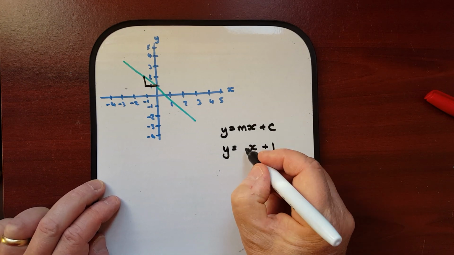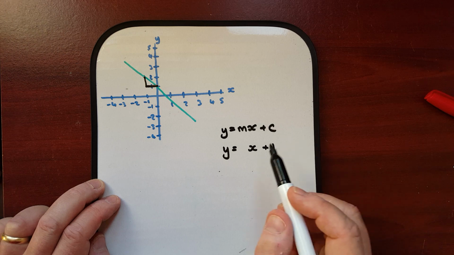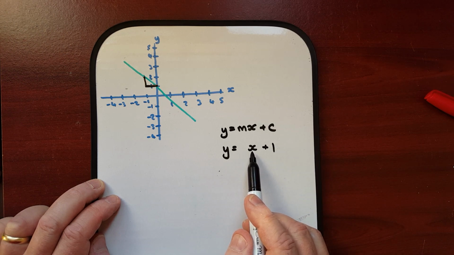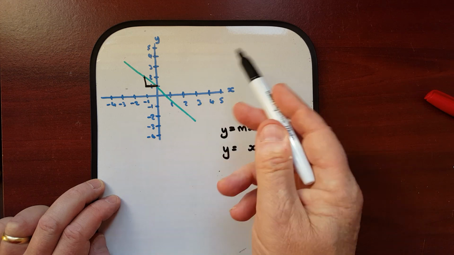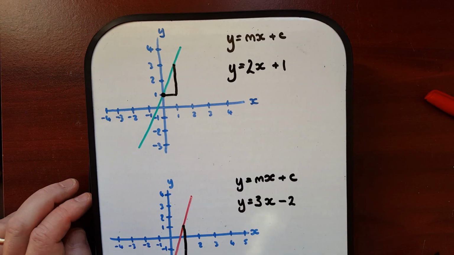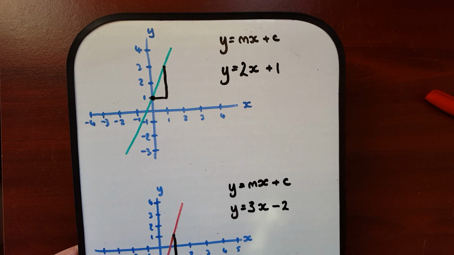Now, you could put 1 in there if you want to, but very often it's just x on its own, isn't it? But there's an issue here. If we just wrote x plus 1, how do we know it's different to the line that goes in the opposite direction? Well, it's going backwards. When we counted on those previous lines, we counted out to the right and we were going positive.